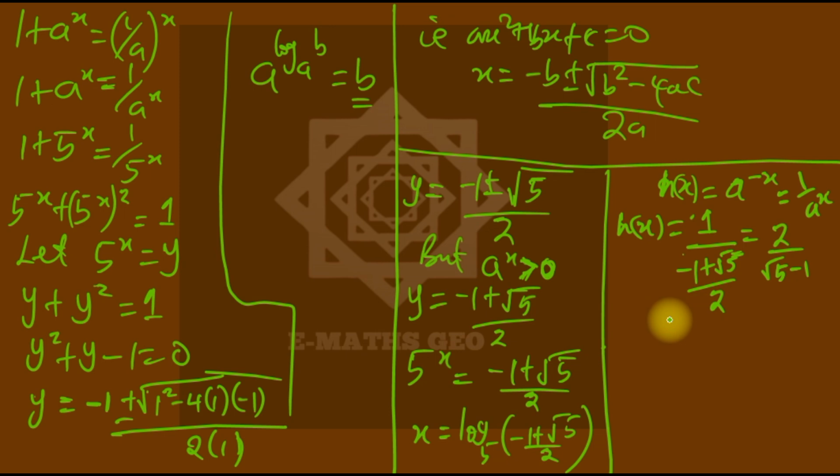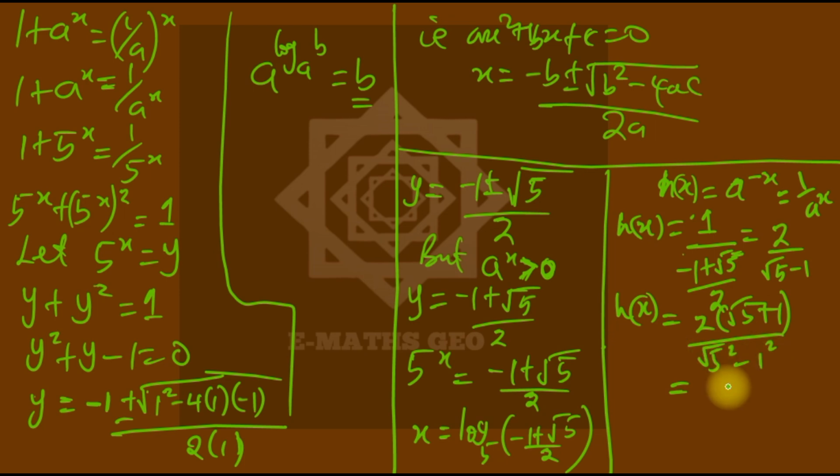So to make it easier, we rationalize it. The conjugate of that is root 5 plus 1. Why? This is a difference of two squares. So I rationalize by multiplying up and down by the conjugate, which is root 5 plus 1. So we see that we'll have 5 minus 1, 4 in there.